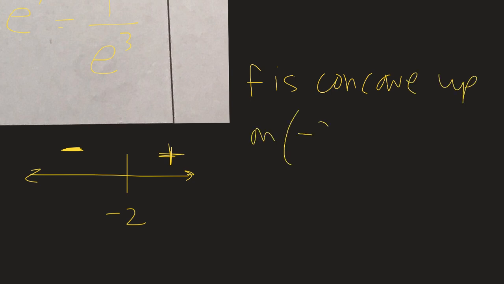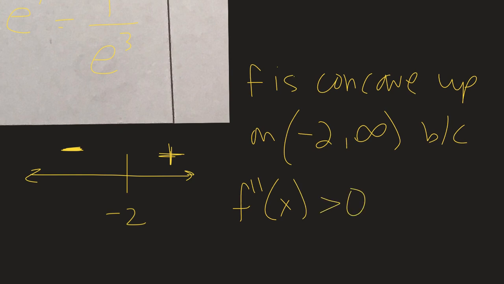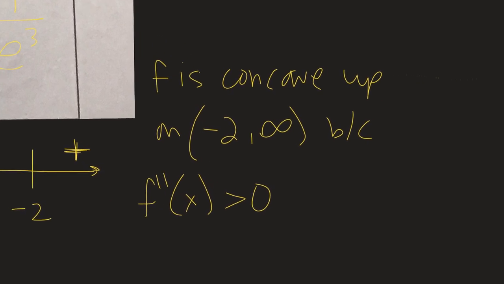So our function f is concave up on the interval from -2 to infinity, because our second derivative is positive. Okay, so there's the calculus analysis.